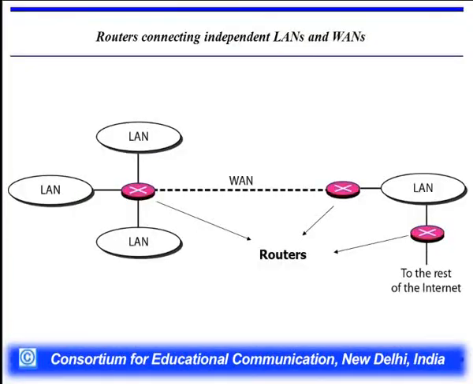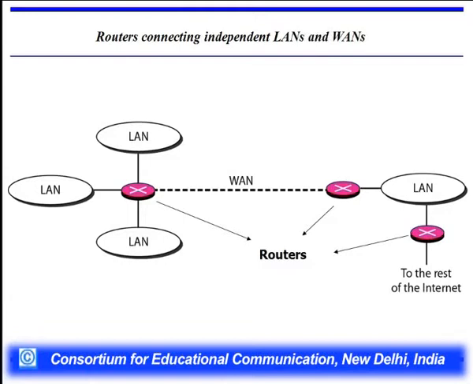A router works at the network layer. It deals with packet filtering, how packets are securely dropped, and it also maintains different kinds of connections. This diagram shows how routers are connected to independent LANs, WANs, and to the rest of the internet.